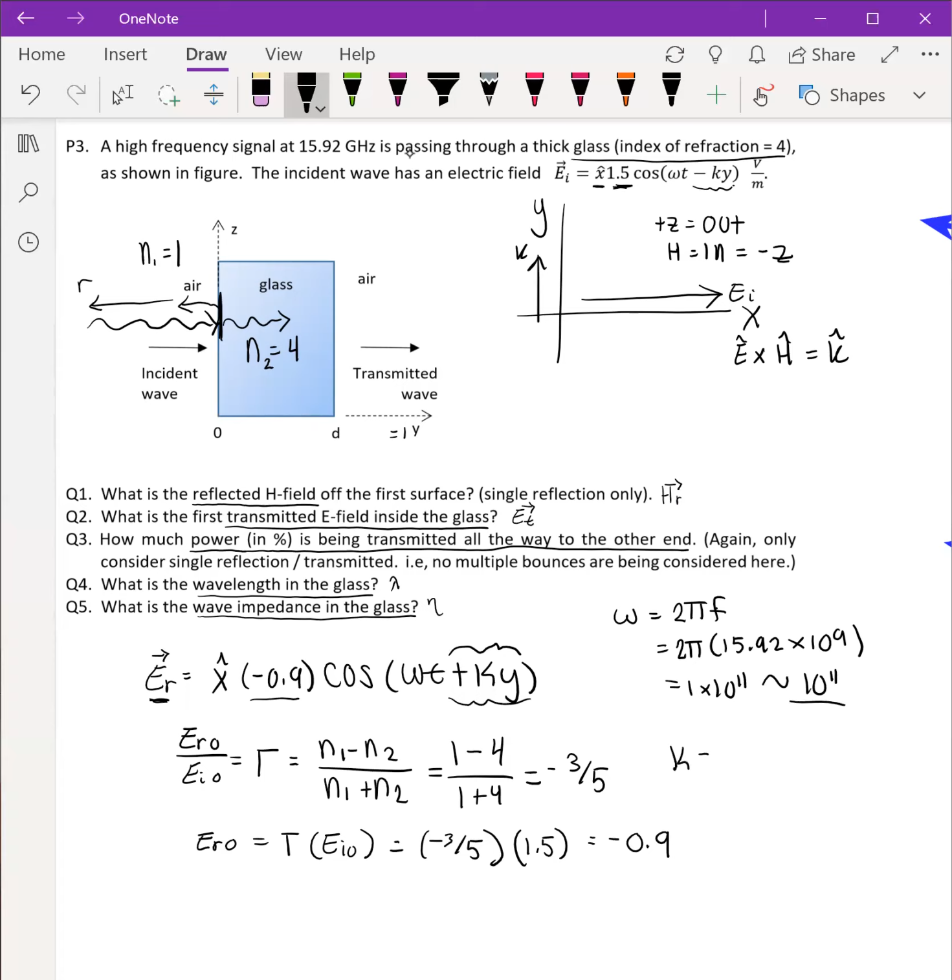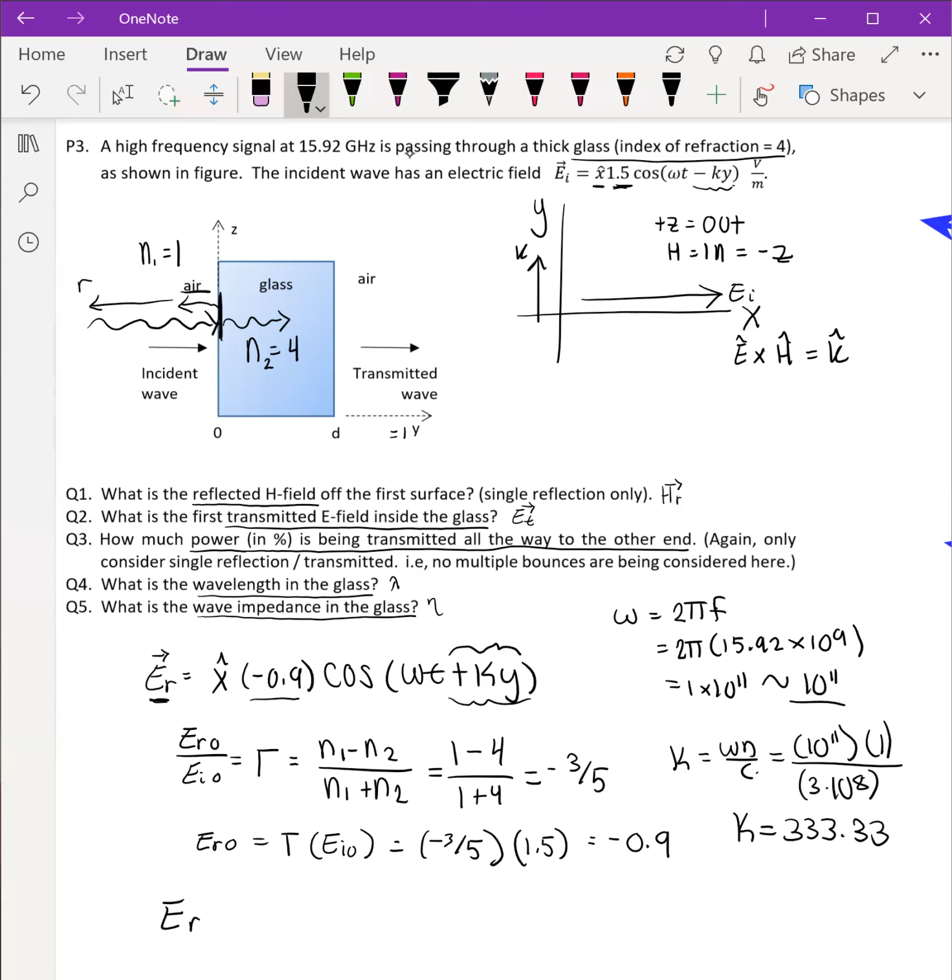K, we can find through omega n over c, where omega is what we just found, 10 to the 11. And n, the index of refraction for the reflective wave, is currently in air. We've reflected back and we're looking in air. So our index of refraction is 1, divided by the speed of light, 3 times 10 to the 8. And that makes our k equal to 333.33.